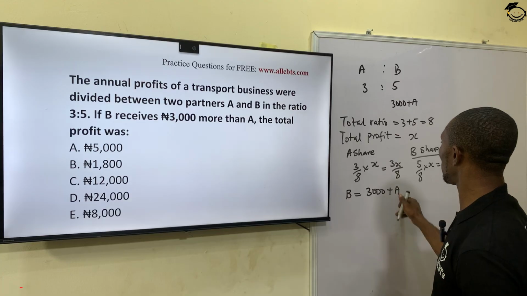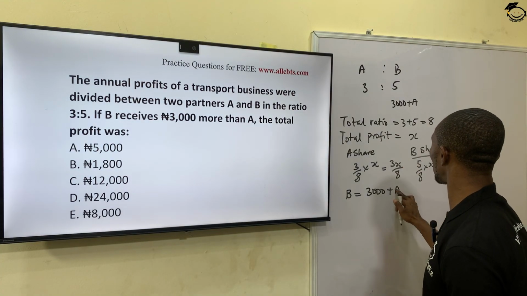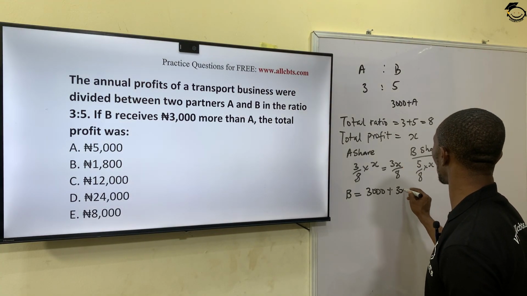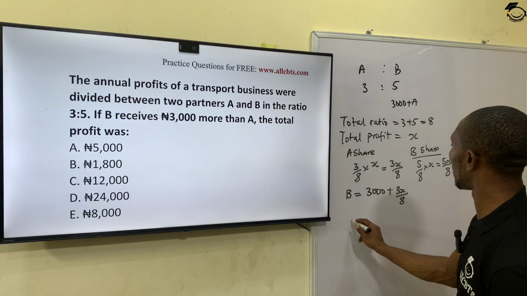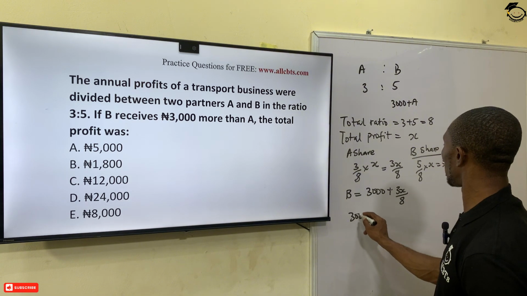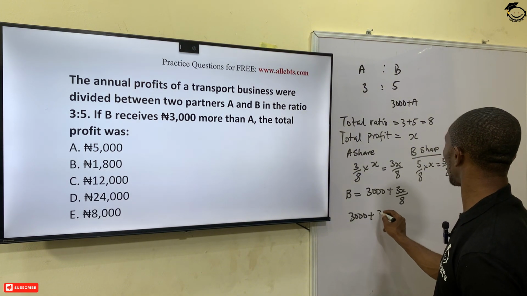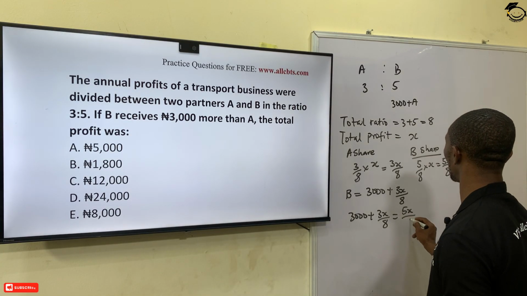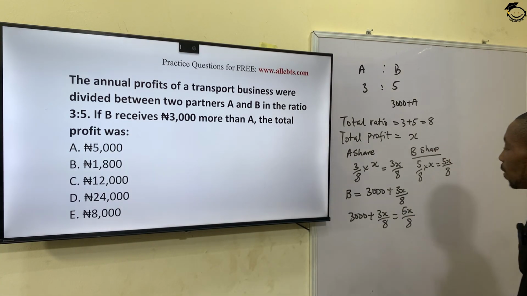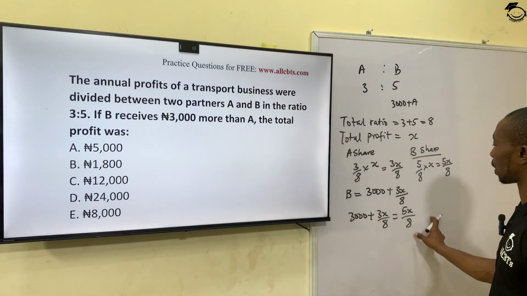And A's share is what? 3x/8. So equating these two together, we have 3,000 plus 3x/8 equals 5x/8.